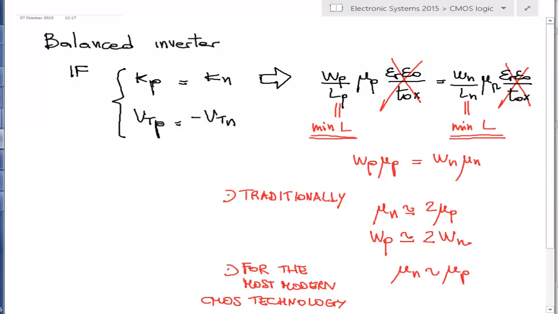Let's say it's something that is true from 2012, in the last 3 years, and therefore there's no reason to use different widths. So it's only in the most aggressive CMOS technologies that we have more or less the same mobility for electrons and holes. What's the reason for that?